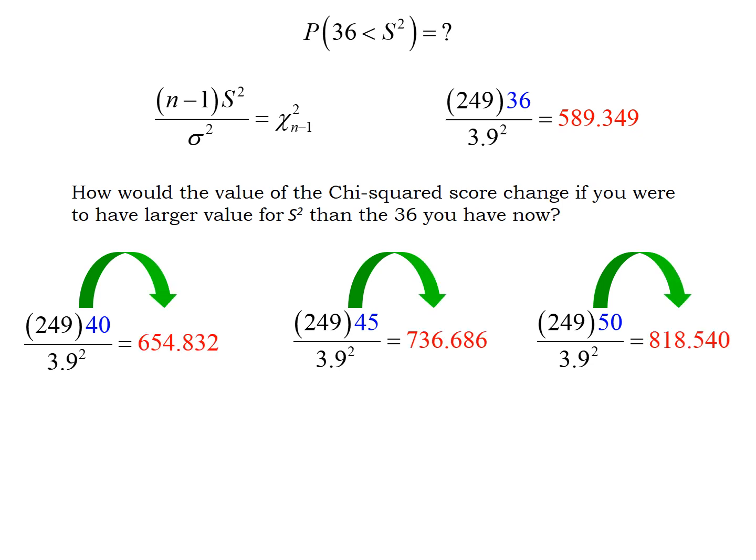In each case, as S squared got larger, 40, 45, and 50, you can see that the chi-squared scores keep getting larger and larger. So we want the probability that S squared is greater than 36, which means we want the probability that the chi-squared score is equivalently greater than 589.349. So we're going to shade everything to the right.